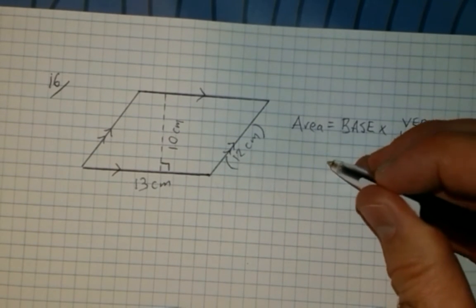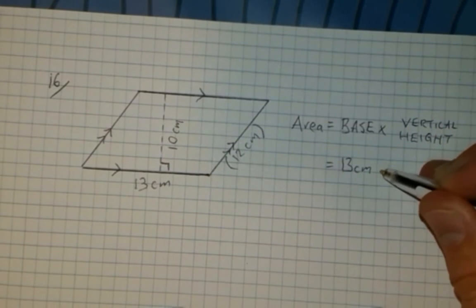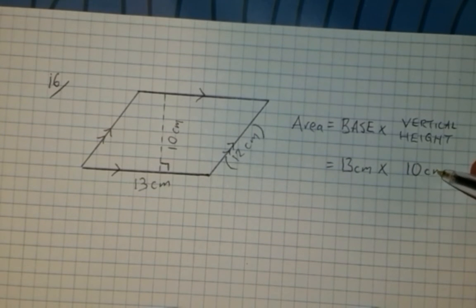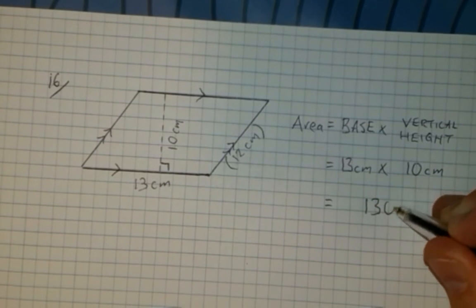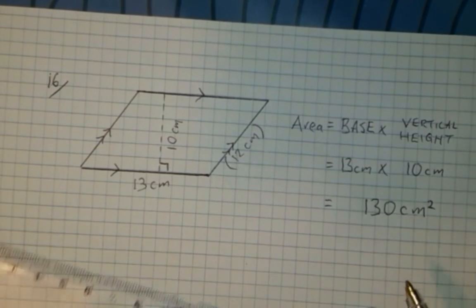So that's equal to a base of 13 centimeters times a vertical height of 10 centimeters. So altogether that makes 130 centimeters squared for an area.